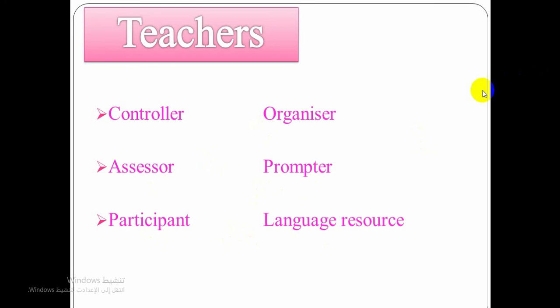If I ask you, what does teaching mean? Teaching means to give someone knowledge or to instruct or train someone. What is a teacher? A teacher is a controller, an organizer, an assessor, a promoter, a participant, a language resource inside the classroom.